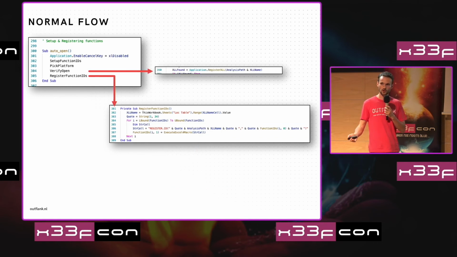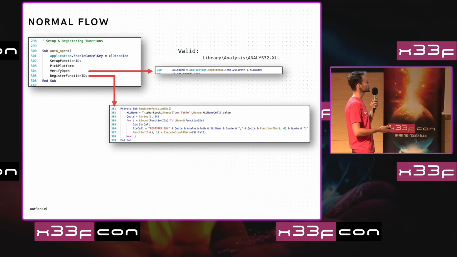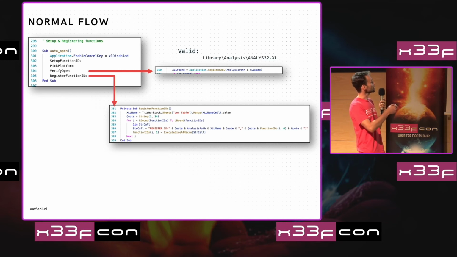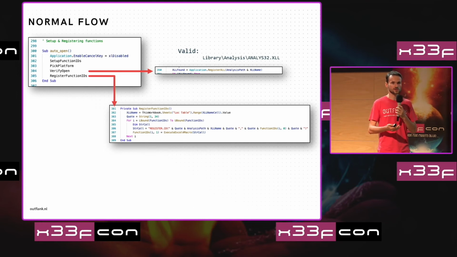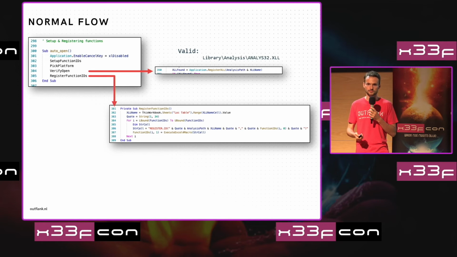Let's look at the normal flow. Looking at it, you'll see that the verify open function, with register XLL, provides some kind of input validation. Because if no valid XLL is found, then we're going to close the workbook and end our execution before the register ID function is called.